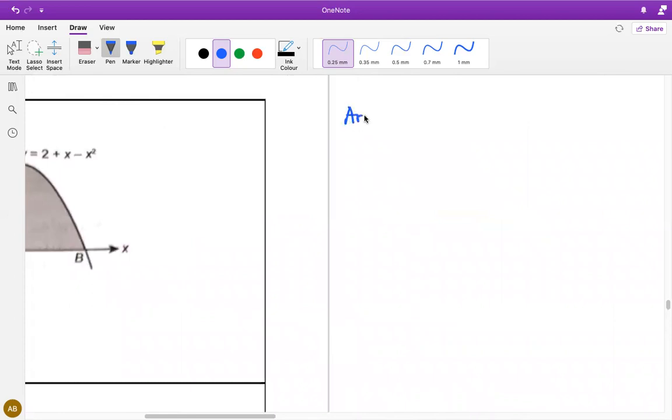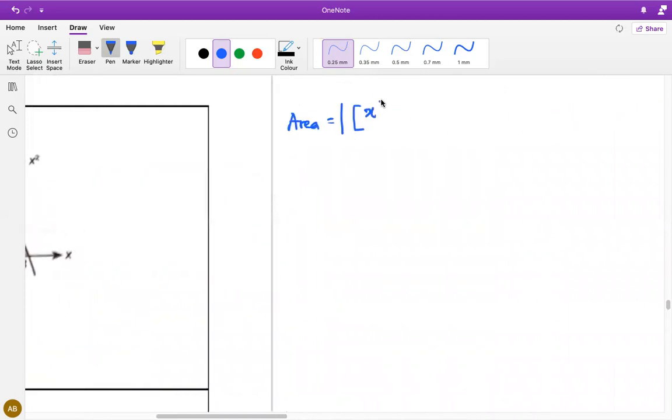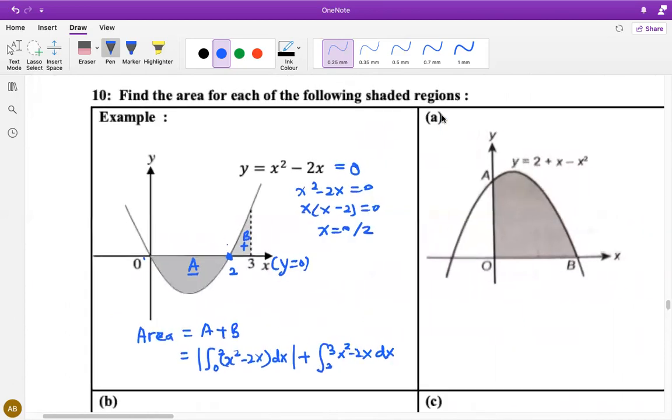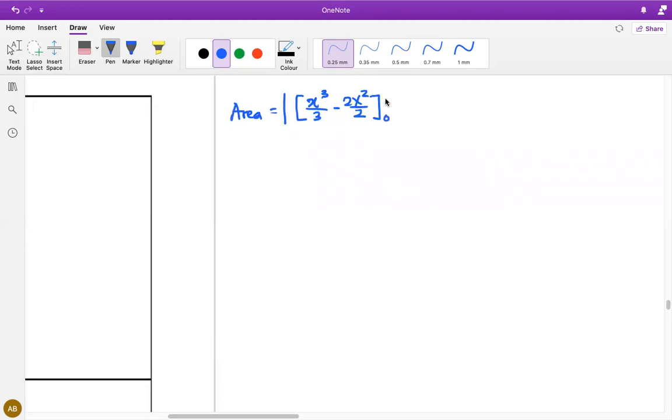So the area, you take the modulus. So x squared minus 2x becomes x cubed over 3 minus 2x squared over 2, and then you integrate from 0 to 2. Then you plus, okay, so now this is x cubed over 3 minus x squared, the same thing, you integrate from 2 to 3.